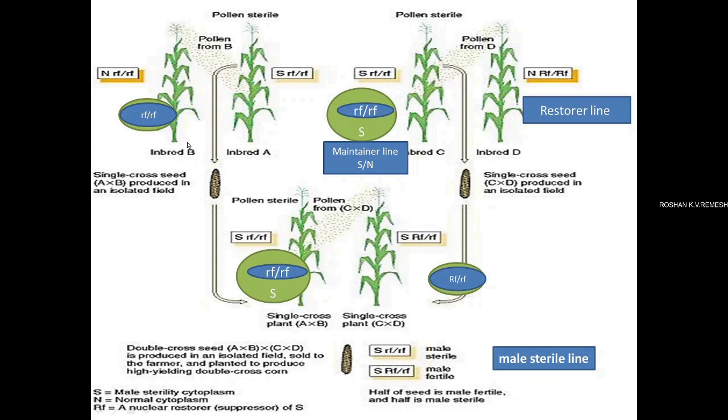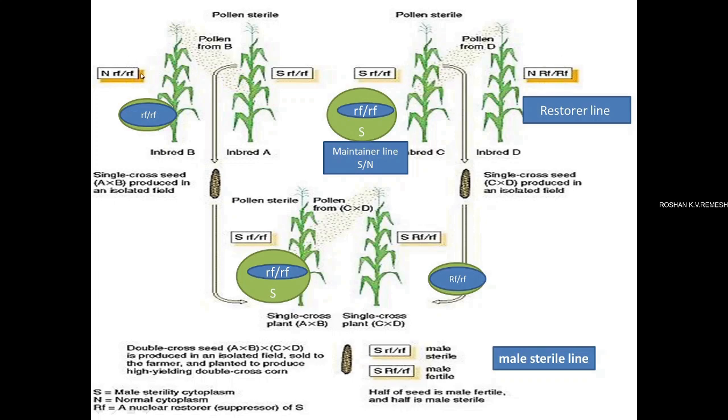Coming to the genetics of these plant lines, for the B line, it has normal cytoplasm and both of its RF alleles are recessive. And coming to the D line, it has normal cytoplasm and the RF genes are homozygous dominant. You all know that the RF genes are located in the nucleus.